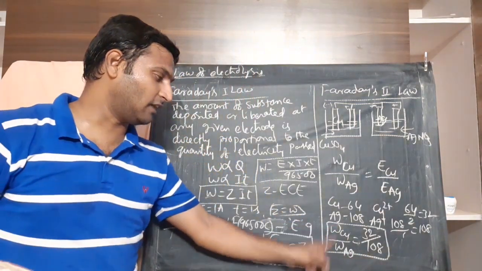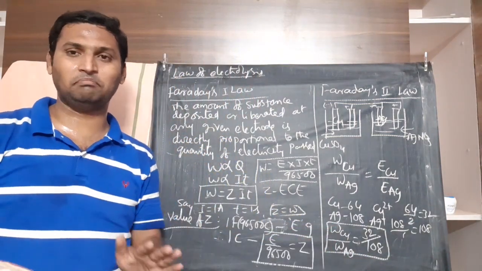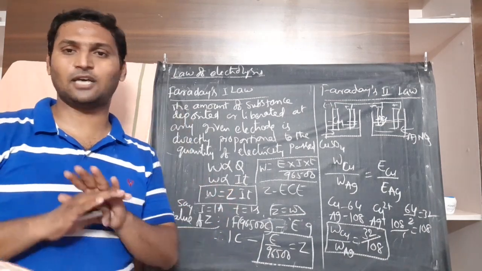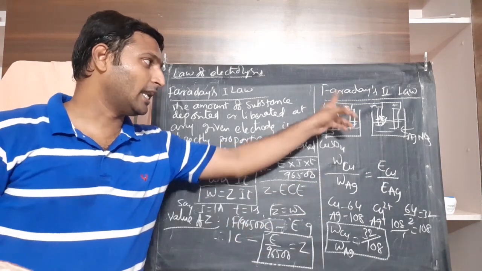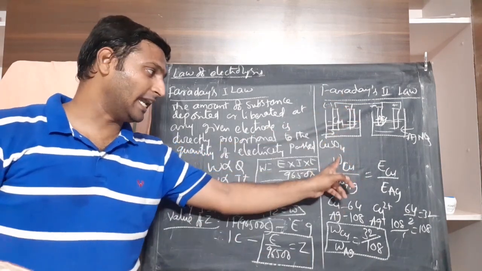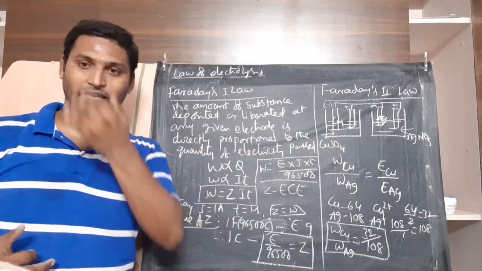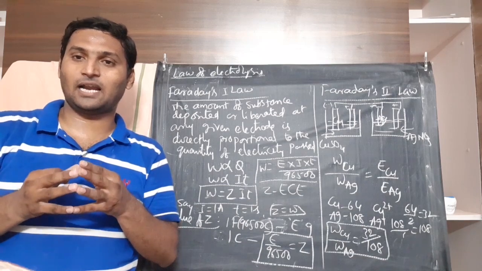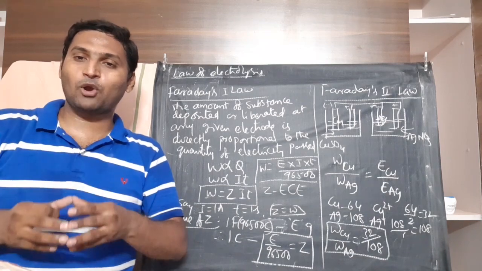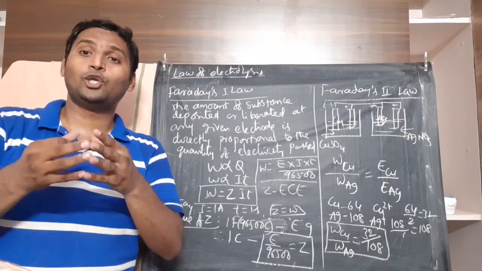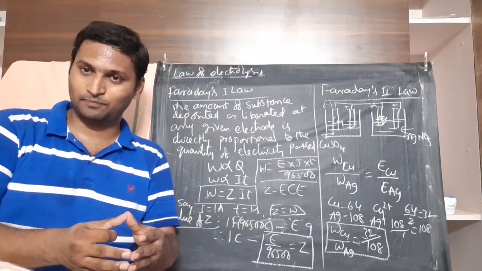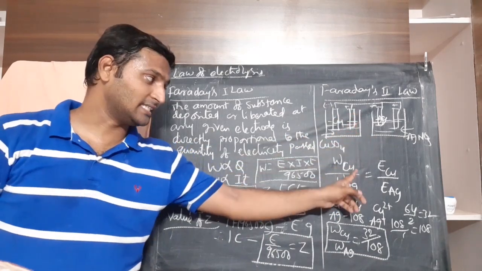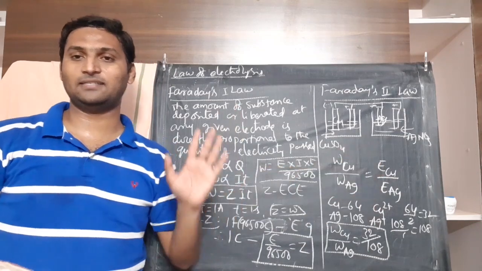Now if you know the weight of any one of them, you can tell the weight of the other. So it's very simple. There is nothing to twist, there is nothing to trouble. Actually problems based on Faraday's laws are very easy. So, according to Faraday's second law of electrolysis, when two electrolytic solutions are connected in series and the same quantity of electricity is passed through them, the ratio of weights of substances deposited at respective electrodes is equal to the ratio of their equivalent masses.